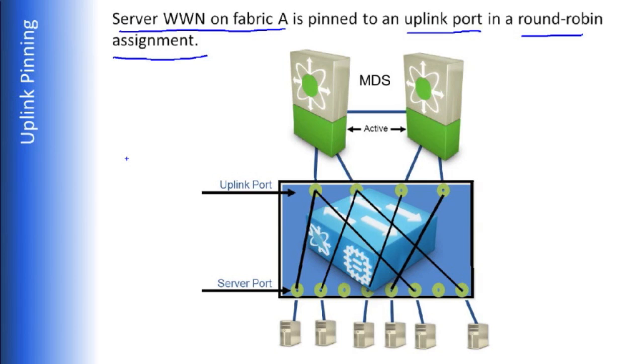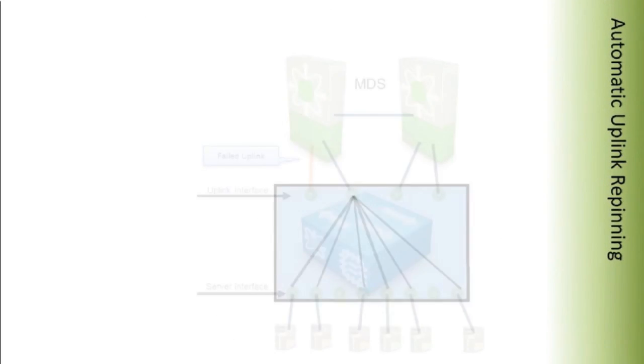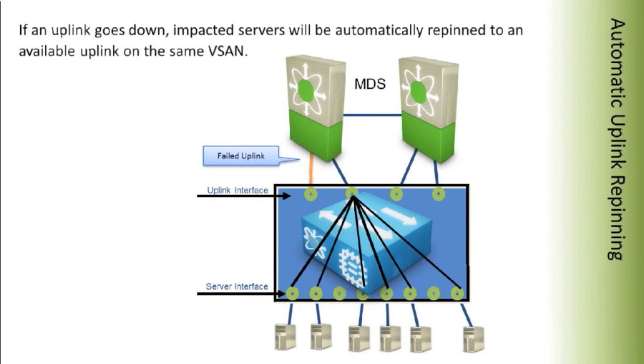Nothing new to memorize here. Now, if an uplink goes down, just like in our VLAN environment, there will be an automatic re-pinning to our available uplinks.